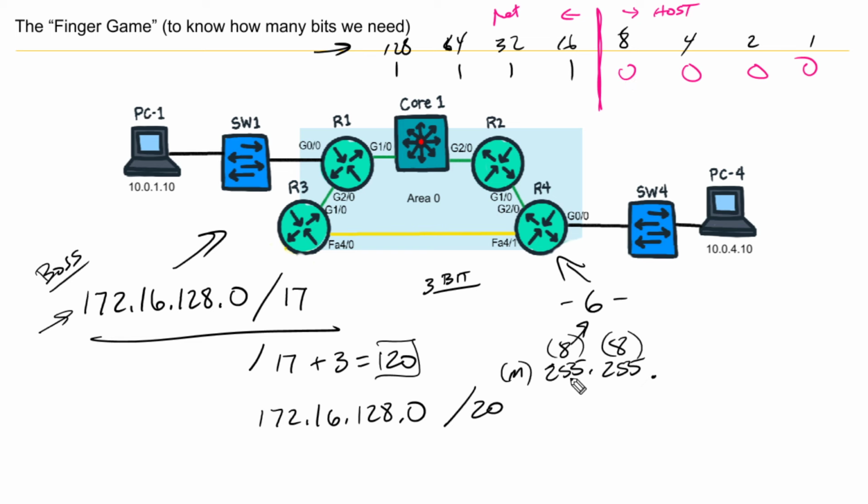So our mask would be 255, 255, and then the first 4 bits on in the mask would be 128 plus 64 plus 32 plus 16. We've had videos on how to convert from binary to decimal, and that equals a whopping 240. So that's 128 plus 64 plus 32 plus 16. And that's the 3rd octet. And then for the 4th octet, it would be a 0. So a /20 in dotted decimal would be 255.255.240.0.